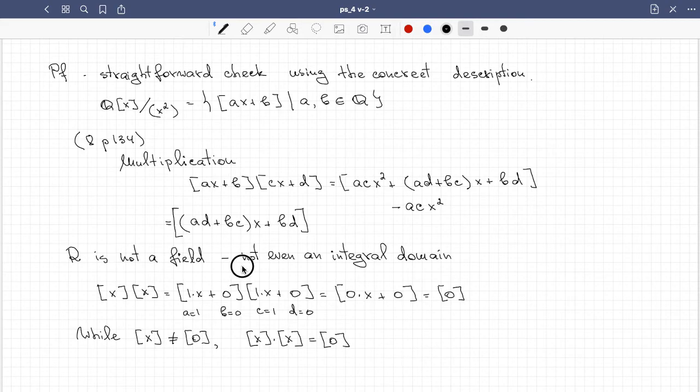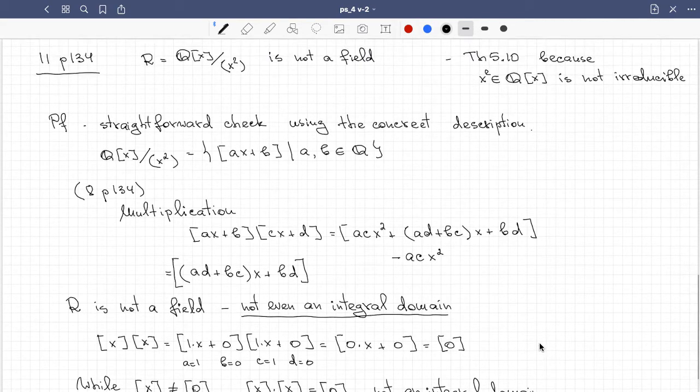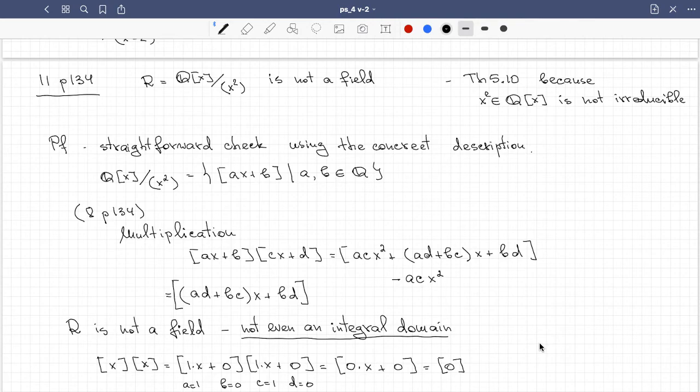Therefore, I justified R is not even an integral domain. So that was problem 11 from the book.